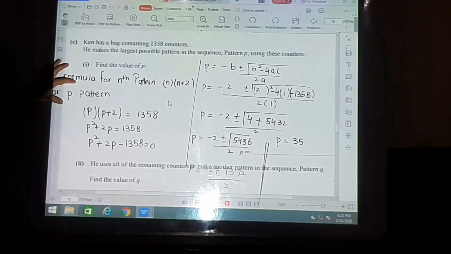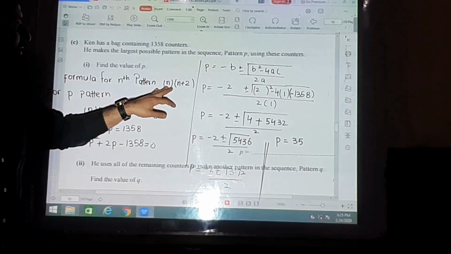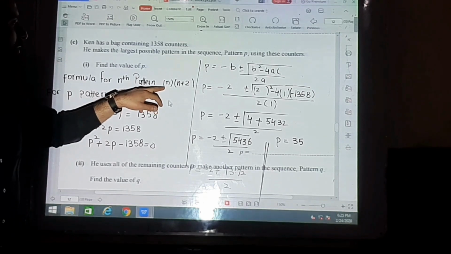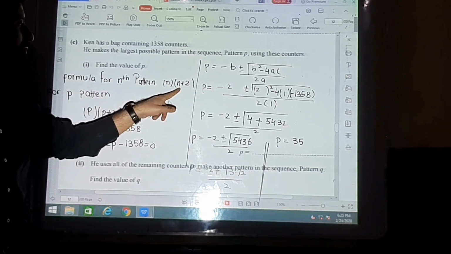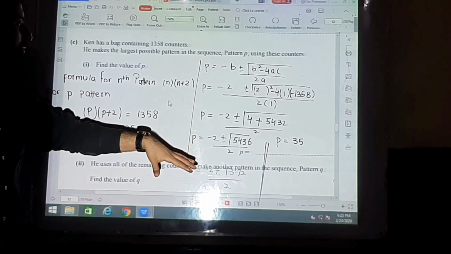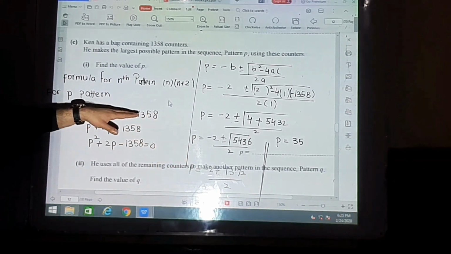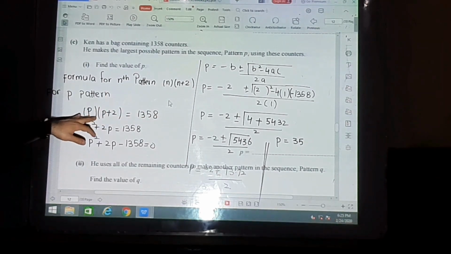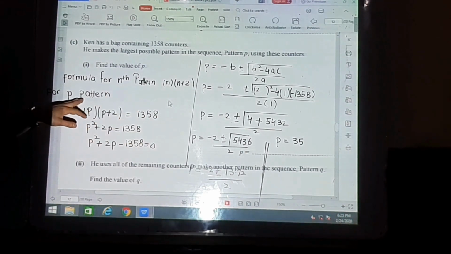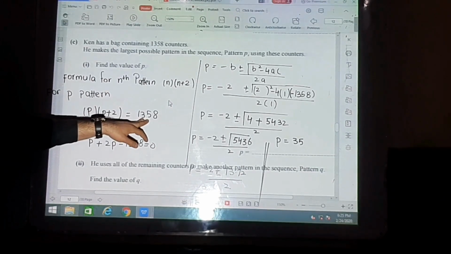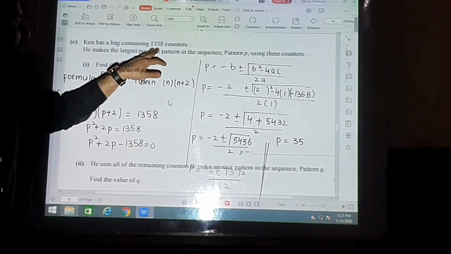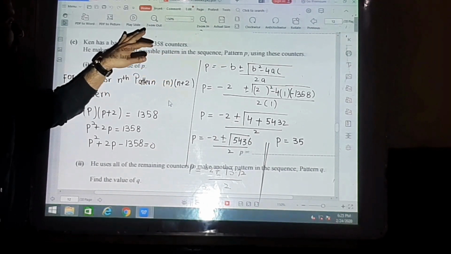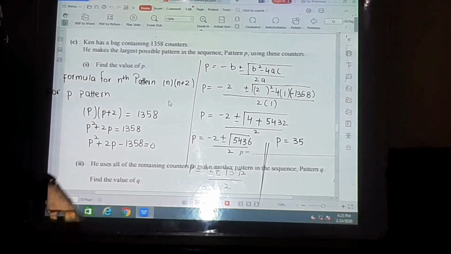For pattern P, in place of n you will use P, like for pattern number 1 we used 1 in place of n and got the number of counters. So when you use P in place of n, you will get the number of counters in pattern P, and that will be 1358 as he makes the largest possible pattern P using these counters.